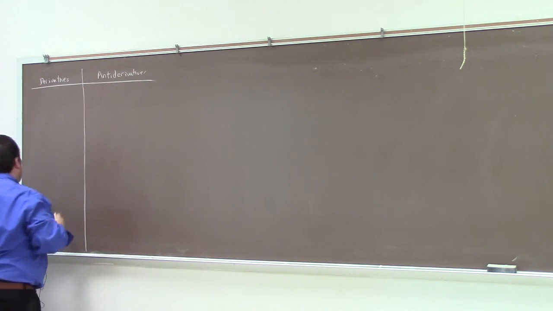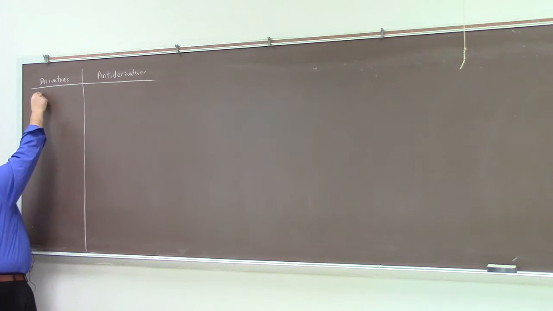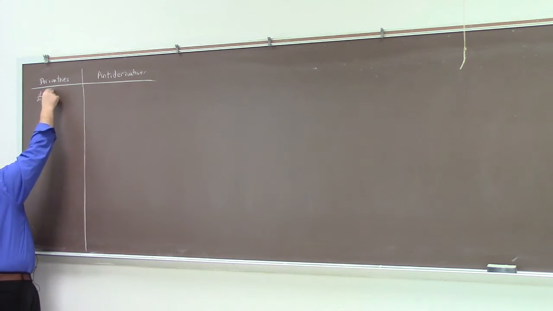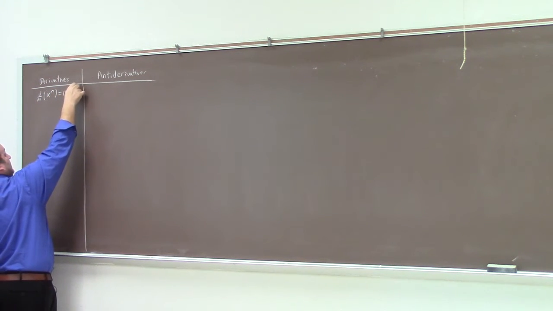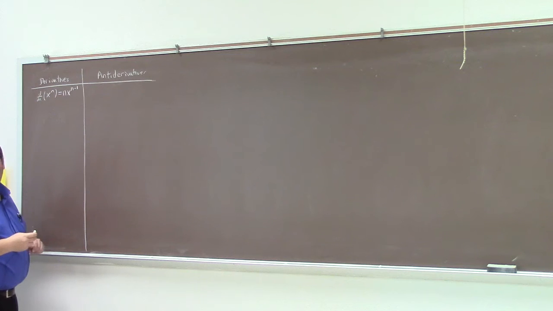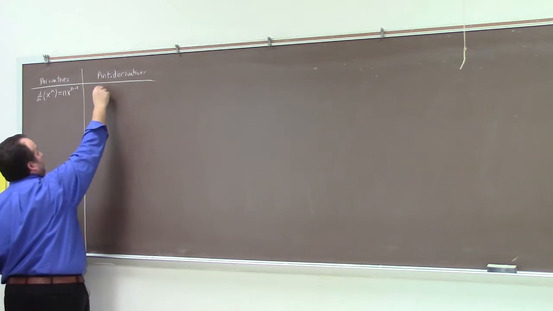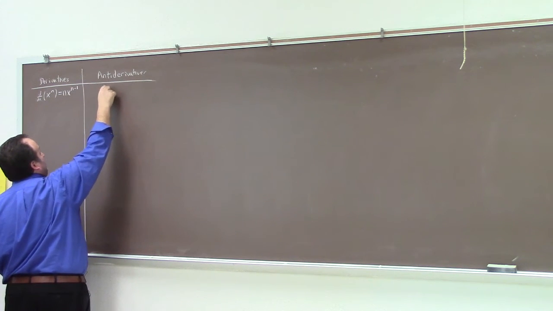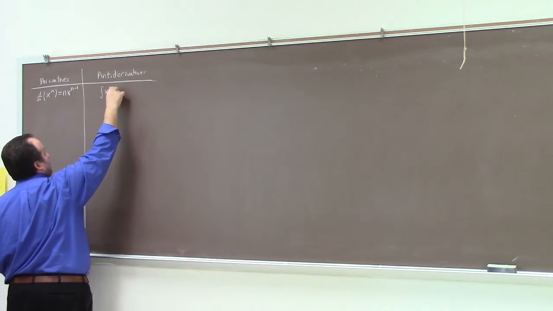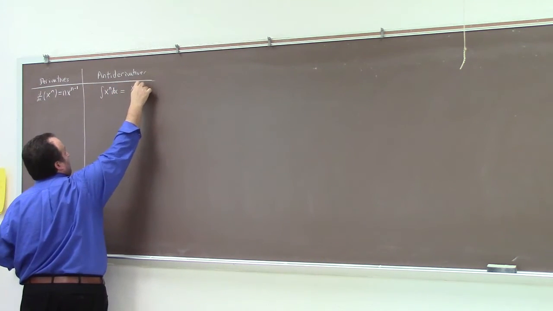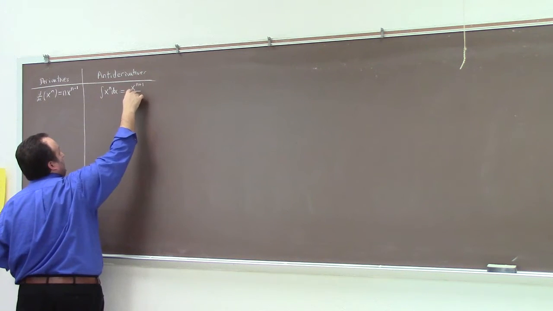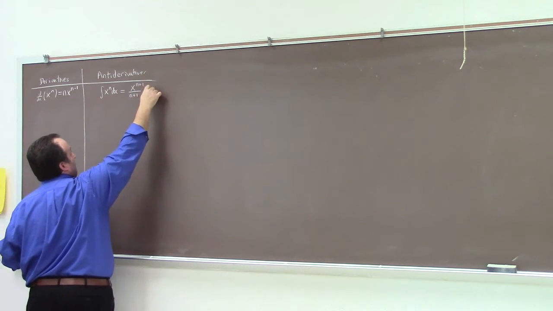So first of all, we learned that d dx of x to the n is n x to the n minus 1, right? The corresponding integration rule is that the integral of x to the n dx is x to the n plus 1 over n plus 1 plus a constant, right?